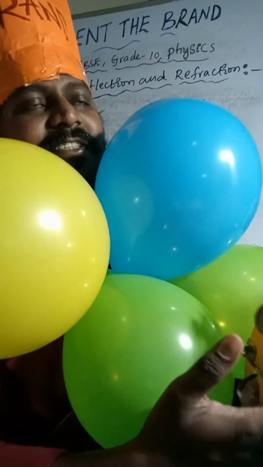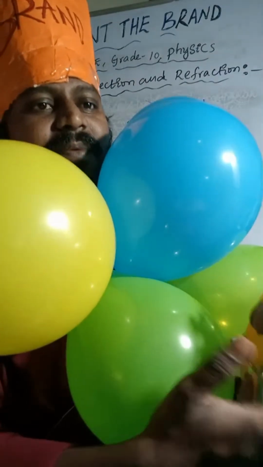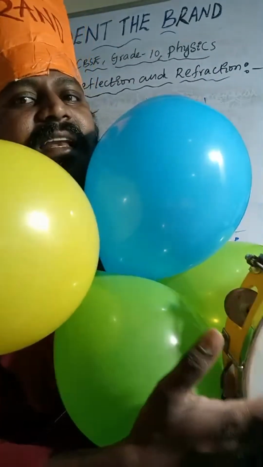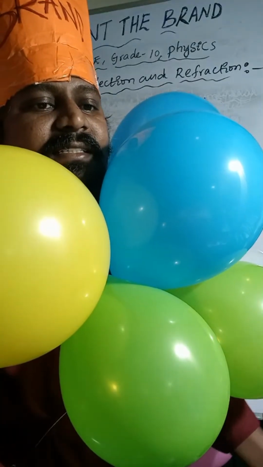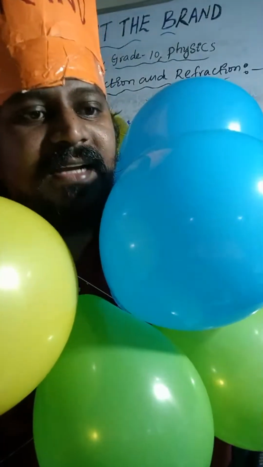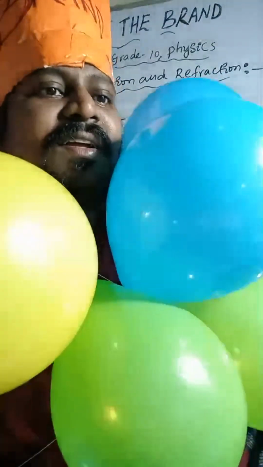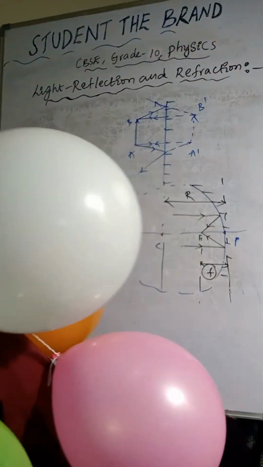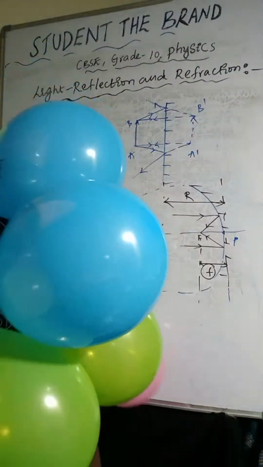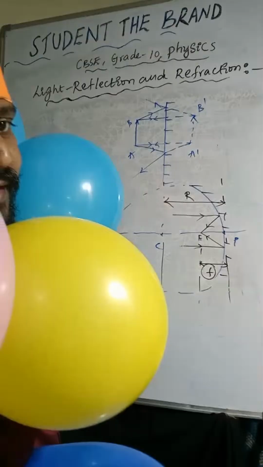Distance positive above the principal axis. Distance negative below the principal axis. New Cartesian, sign convention, new Cartesian. So like this. So I hope it is very clear.